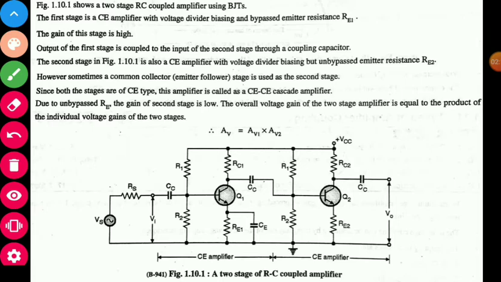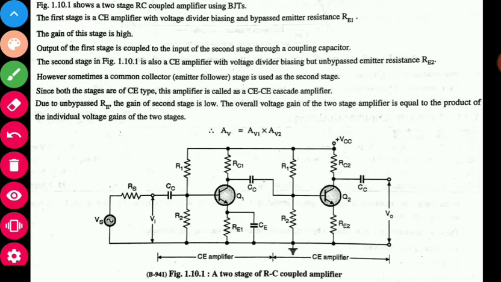Generally the three types are RC coupling, transformer coupling and direct coupling. In this lecture we use RC coupling. The topic is the BJT based multi-stage amplifier using an RC coupled amplifier.